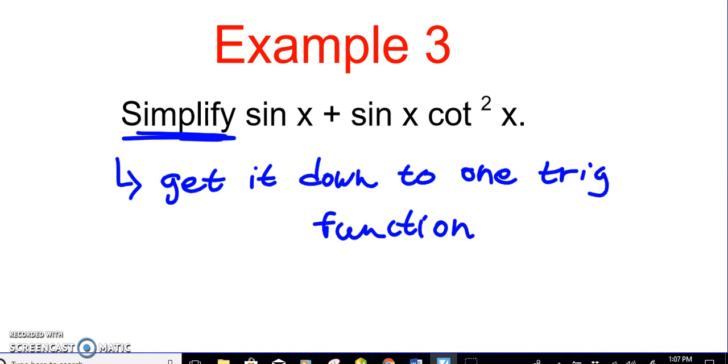With this, 99 out of 100 times, you would get it down to one trig function. The other time, you might get it down as far as possible, where you can't do anything else with it. Now, with this, we have to use our identities and try to figure out something we can do to simplify things down.